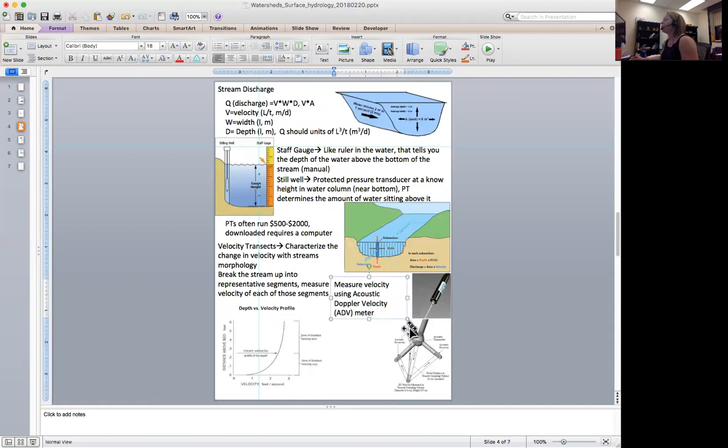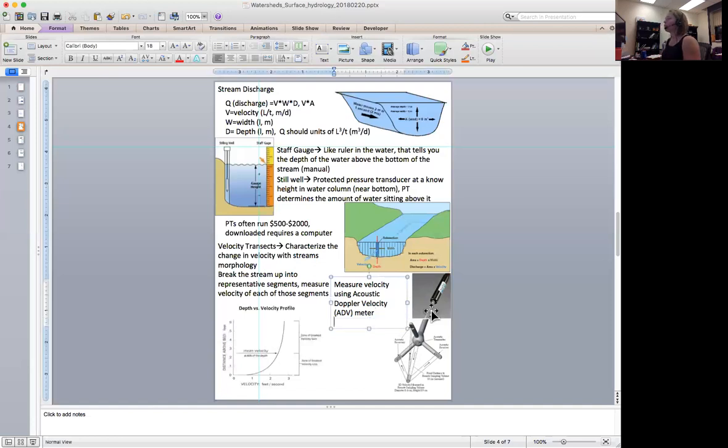And what we can do is tell when it's received at the same level from these different receivers of the ADV. It's moving by, you send these signals, and we know that it's being sent out here. And as we receive the signal back, it gives us information about the particles that are moving in the water, and therefore gives us information about the velocity at which that water is moving.